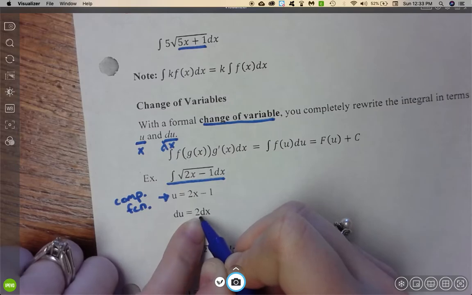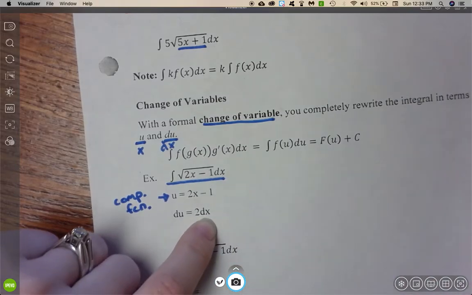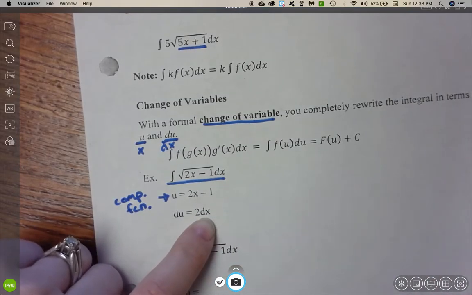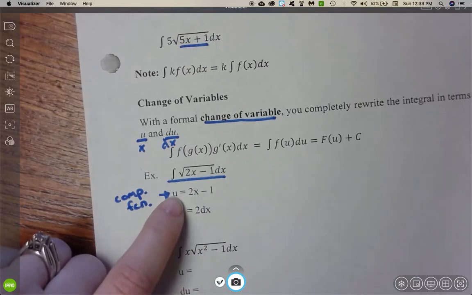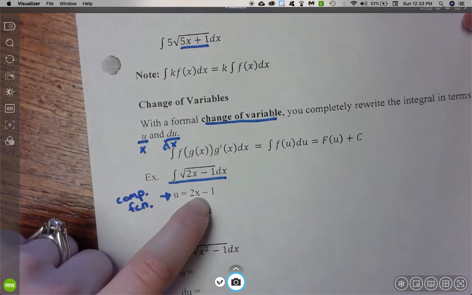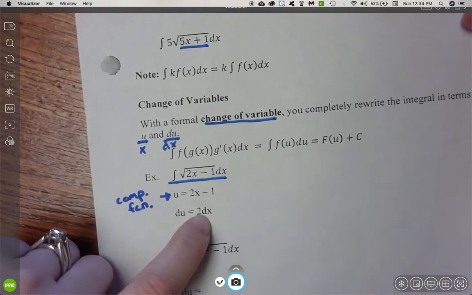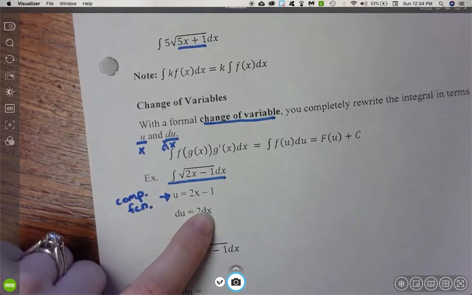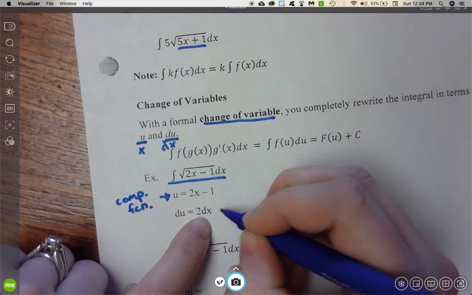And then I write dx so that I know I'm taking the derivative with respect to x. So the derivative of u on this side is 2, and on this side it's 2 dx. We write that just like that. And then I start to substitute stuff in.